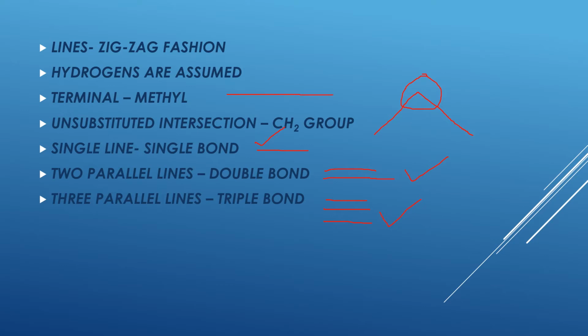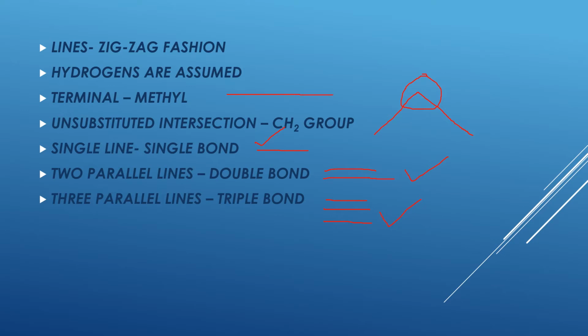A single line is nothing but a single bond, two parallel lines are a double bond, three parallel lines are a triple bond. Remember these rules, because anyway the functional group will be seen, and by that we can understand. If any cyclic group is there, that also can be seen. Just by practice we will get it.